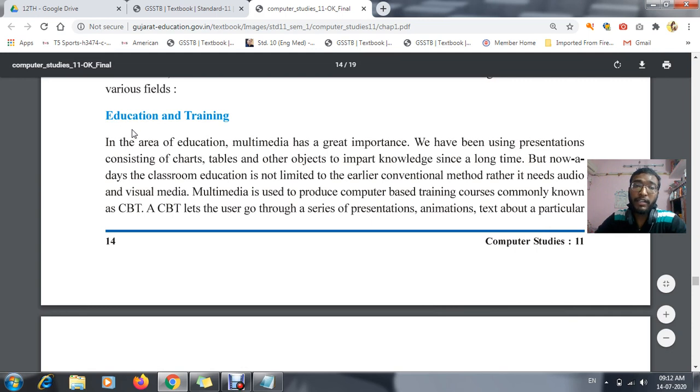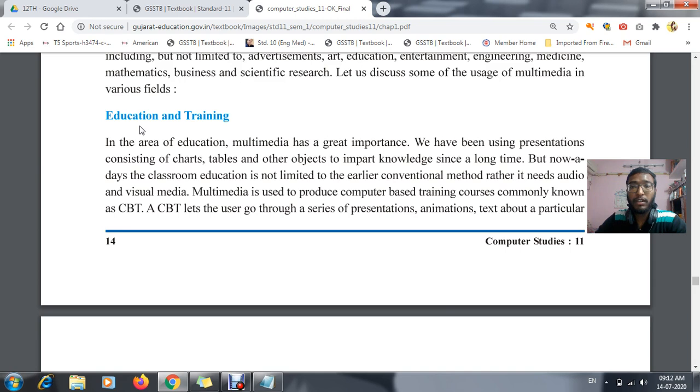Next is training purpose. Doctors or mechanical engineers are trained on how to work certain machines, so they have to be shown the machine working. For mechanical engineers, they will train students on how a machine works.